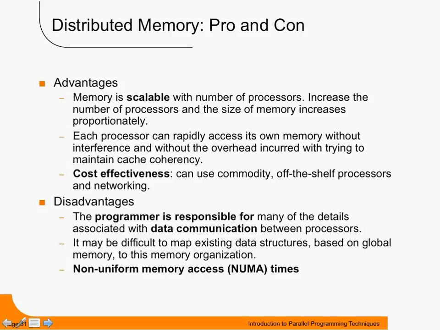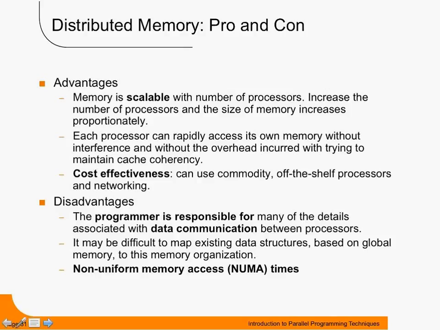So the advantage of distributed memory is that this kind of machine scales up to thousands of cores. An example is a machine with about 108,000 or 110,000 cores, and each processor has its own memory.